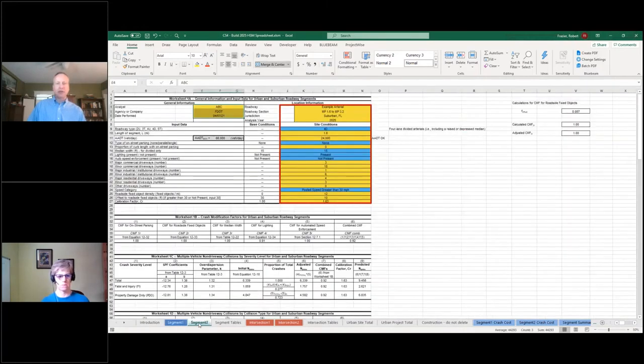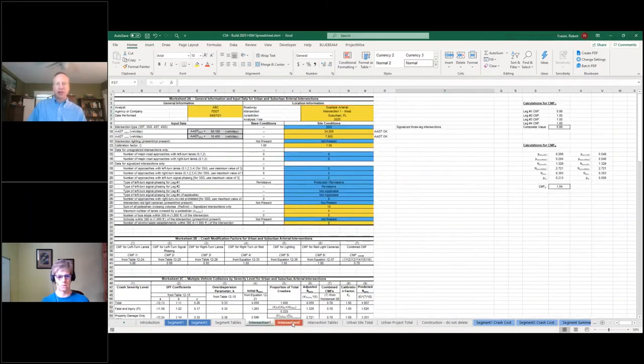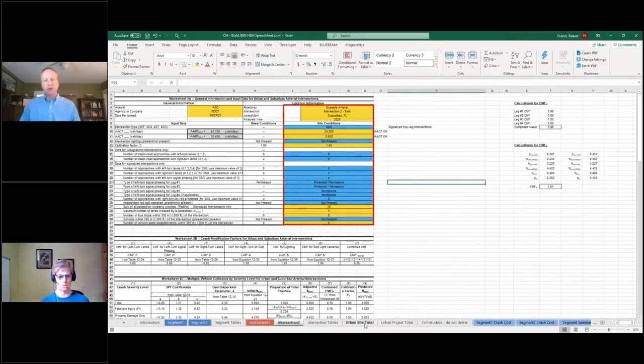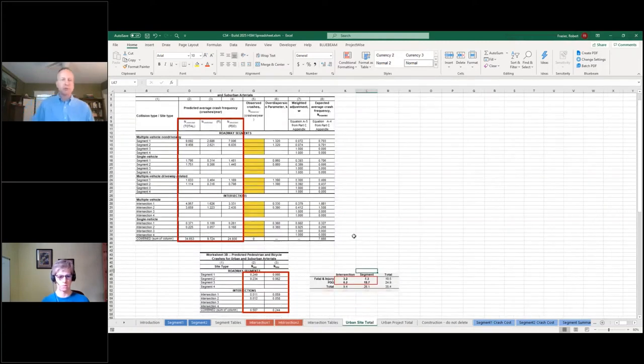And so we've done that in both tabs. And then we've got our intersections, and they are unchanged. And then we go to the urban site total. We've got the same information there. So you can look around and see that the information has been changed for the build condition. And really that's the biggest change, is to pick a different SPF in this particular case.